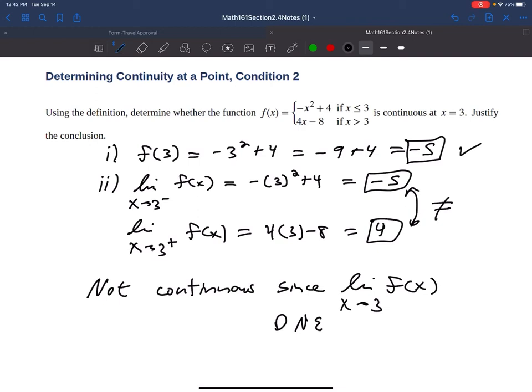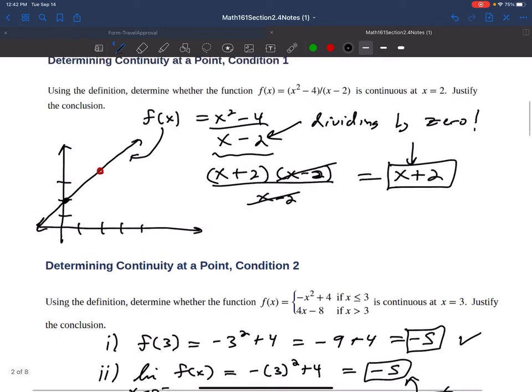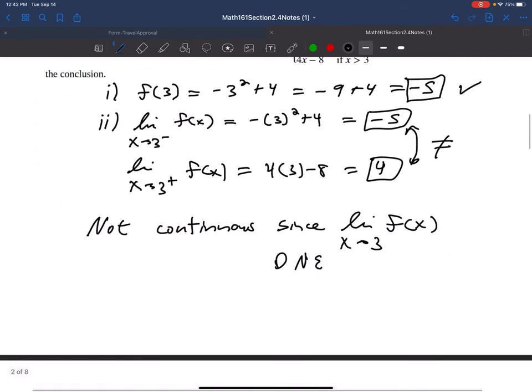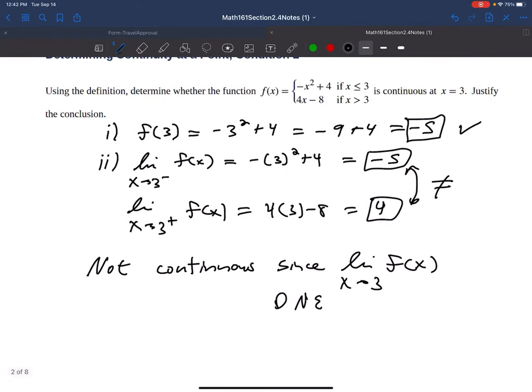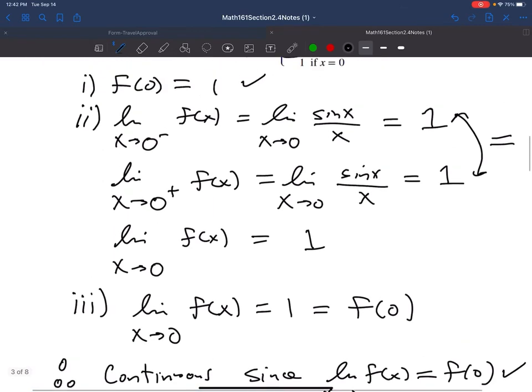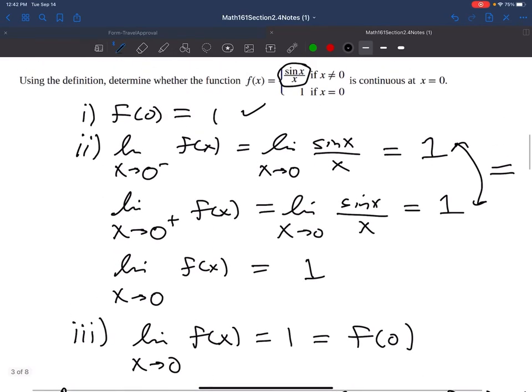This is a jump in the graph. So this first one was a removable discontinuity because it just had one point that was a problem. This is a jump discontinuity because from the left we were going to -5 and from the right we were going to 4, so there's clearly a jump there in the graph. And then this last one actually ended up being continuous. Okay.